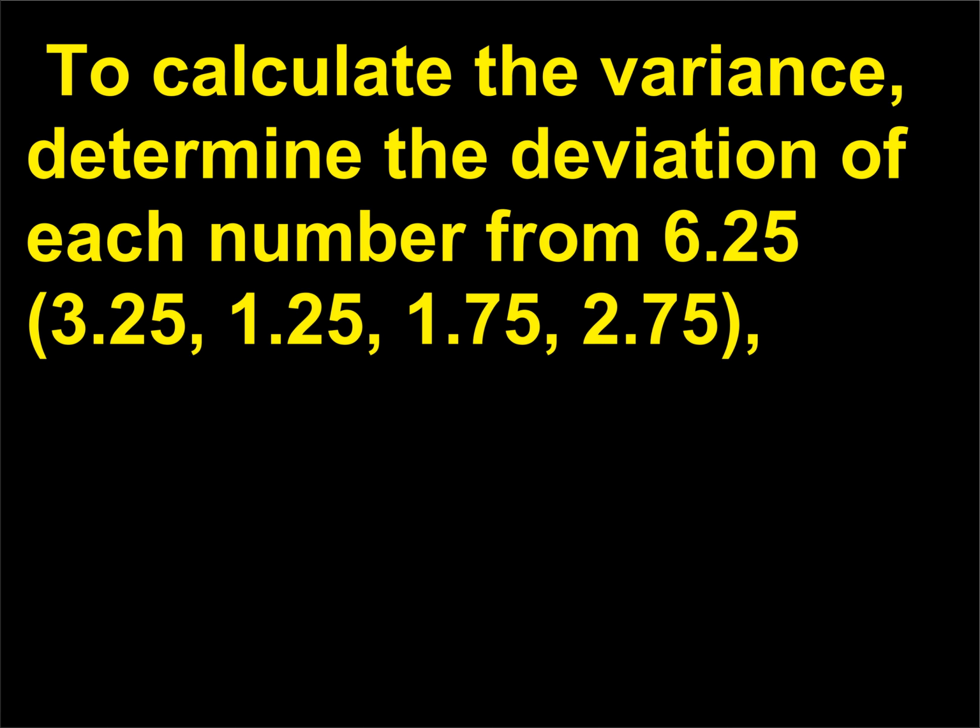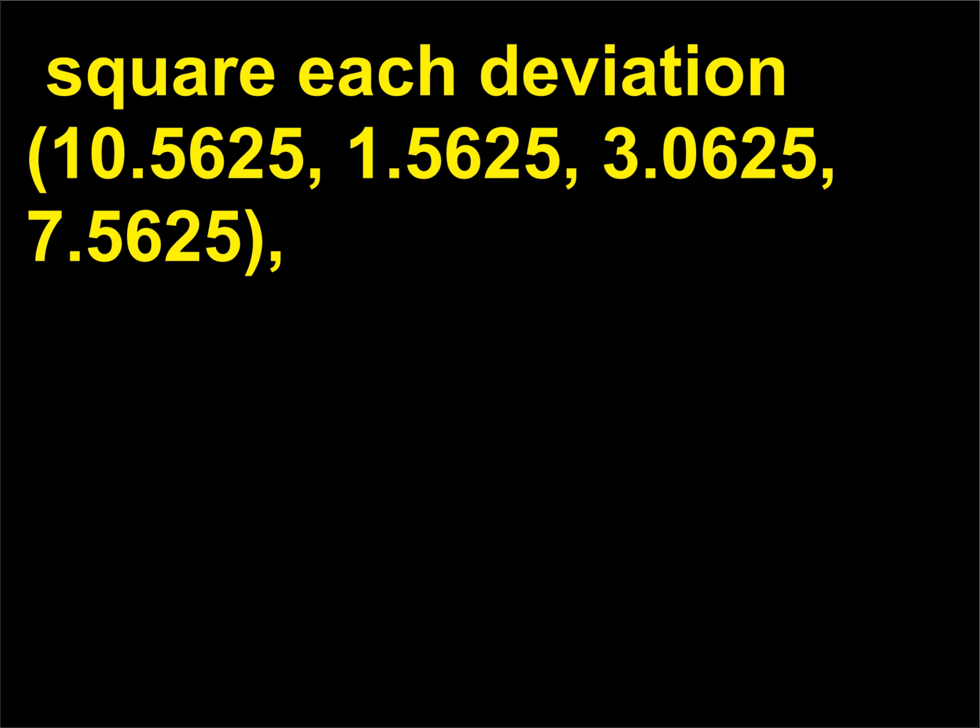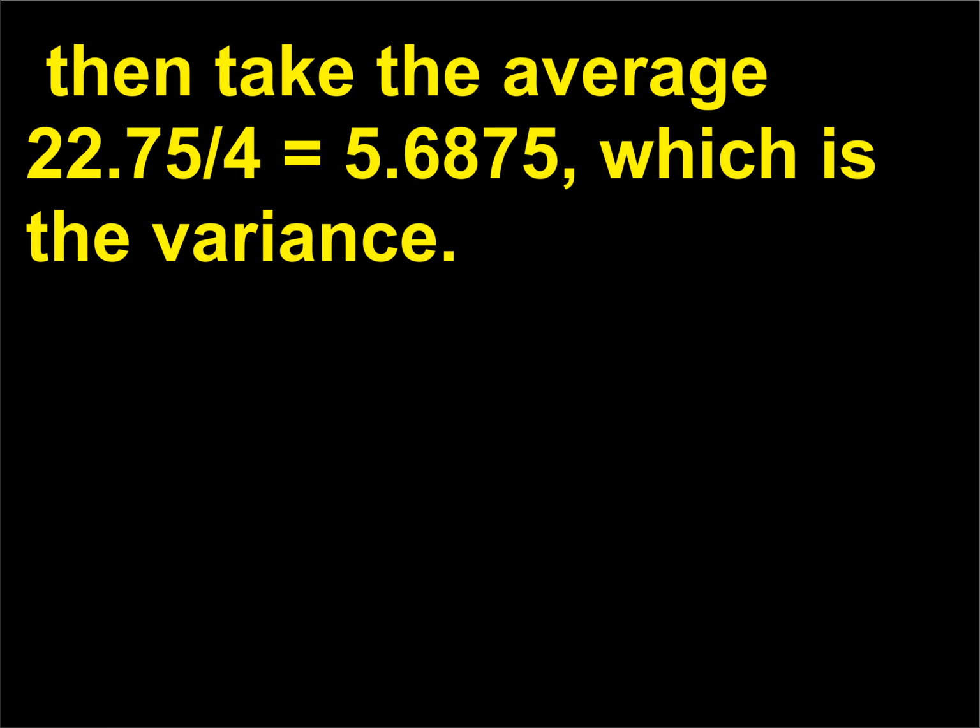To calculate the variance, determine the deviation of each number from 6.25: 3.25, 1.25, 1.75, 2.75. Square each deviation: 10.5625, 1.5625, 3.0625, 7.5625. Then take the average: 22.75/4 equals 5.6875, which is the variance.